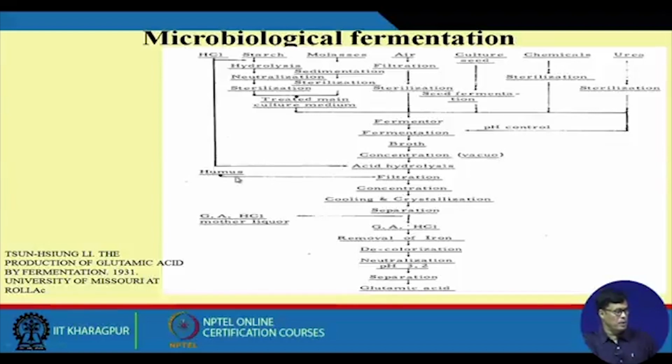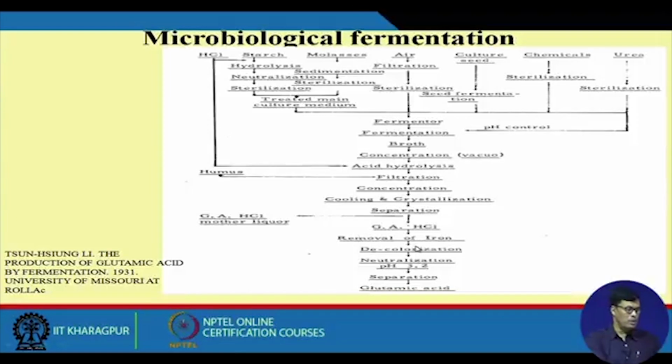That humus you separate out through the filtration process, then you concentrate the filtrate, cool and crystallize it, and separation takes place. After the separation you get two types of material: glutamic acid hydrochloride crystals, and also a good amount of glutamic acid hydrochloride in soluble form in the mother liquor. This you can put back here and concentrate further, so that more glutamic acid can be recovered.